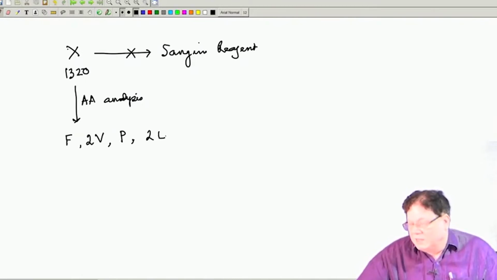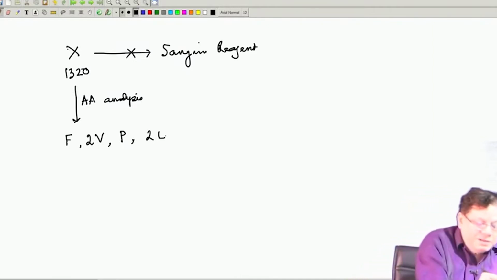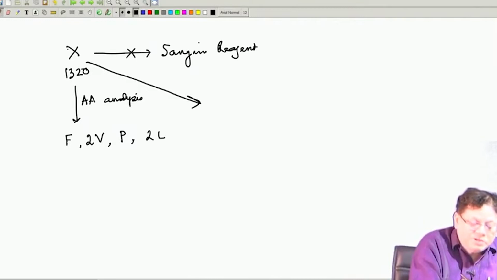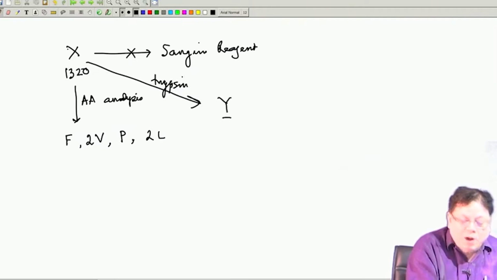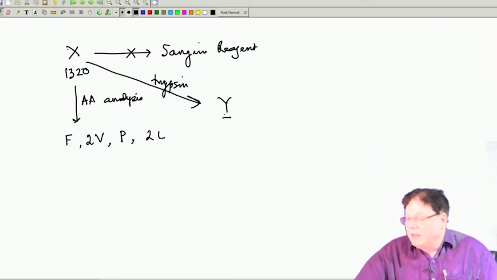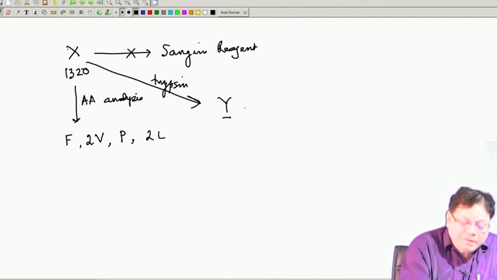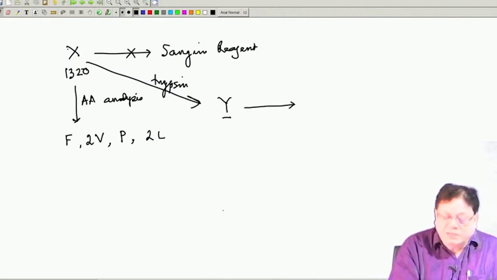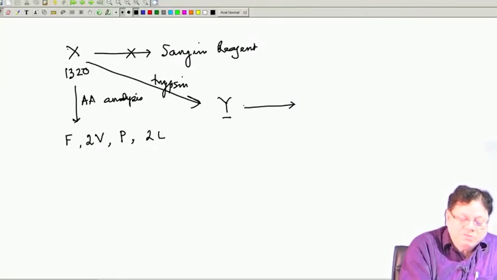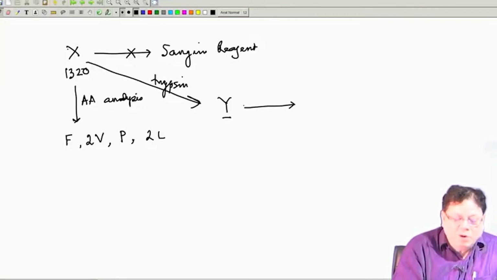Now, what are the other observations? If you hydrolyze this molecule X on treatment with trypsin, tryptic hydrolysis gives another peptide Y. That means, if X is hydrolyzed by trypsin, you get another peptide Y, and on this Y you can do partial sequencing. Partial sequencing means from the N terminus you can determine one after another.